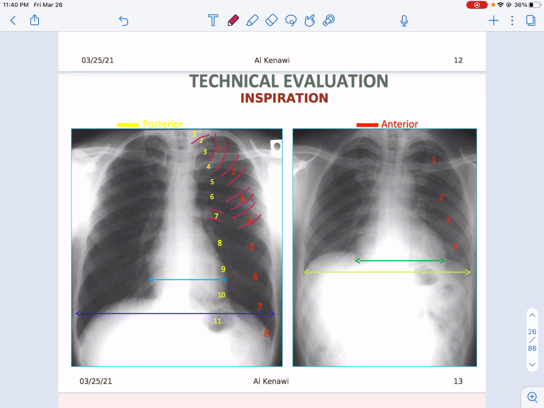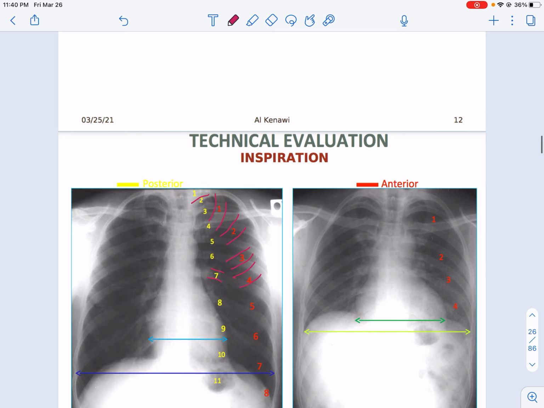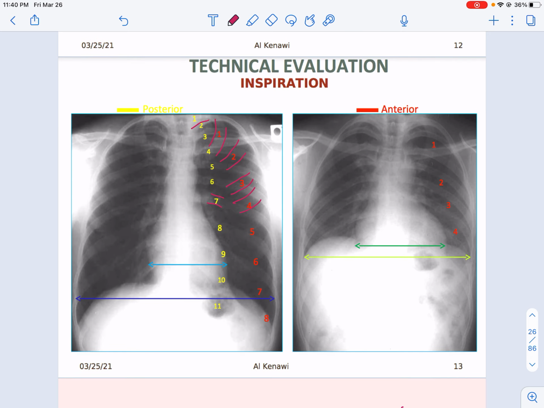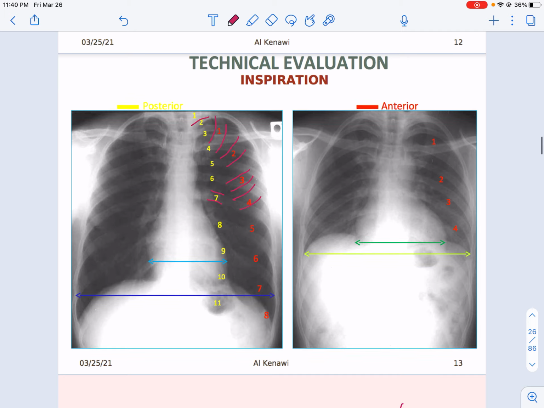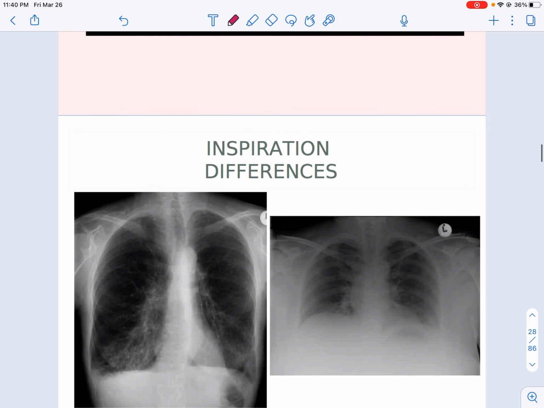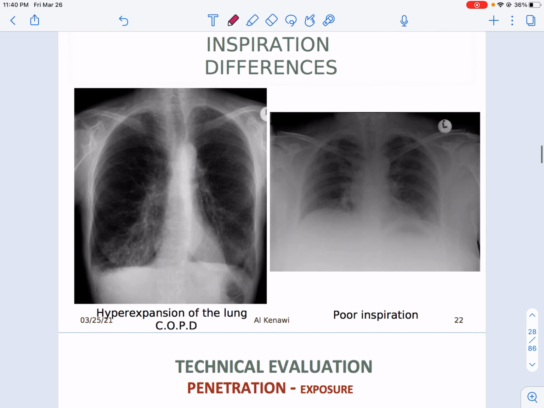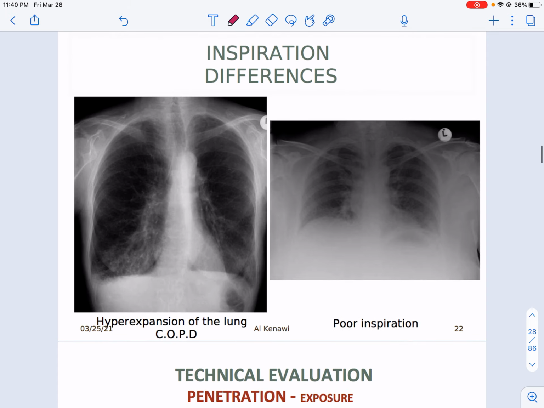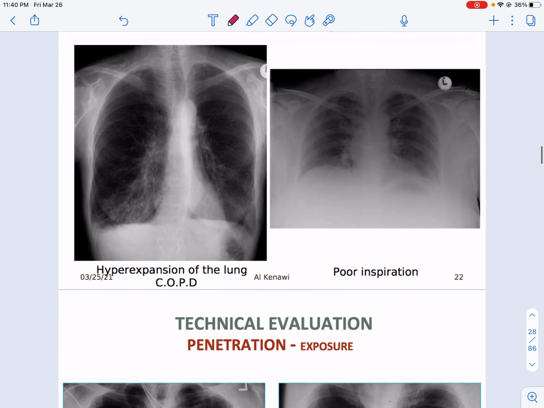So يصير أول خطوة من الخطوات اللي احنا assessing the technical assessment of the quality is inspiration. Okay, تمام. هنا بس بيعطينا مثال إنه ال hyper expansion of the lung في COPD disease كيف حيكون، وهنا poor inspiration.